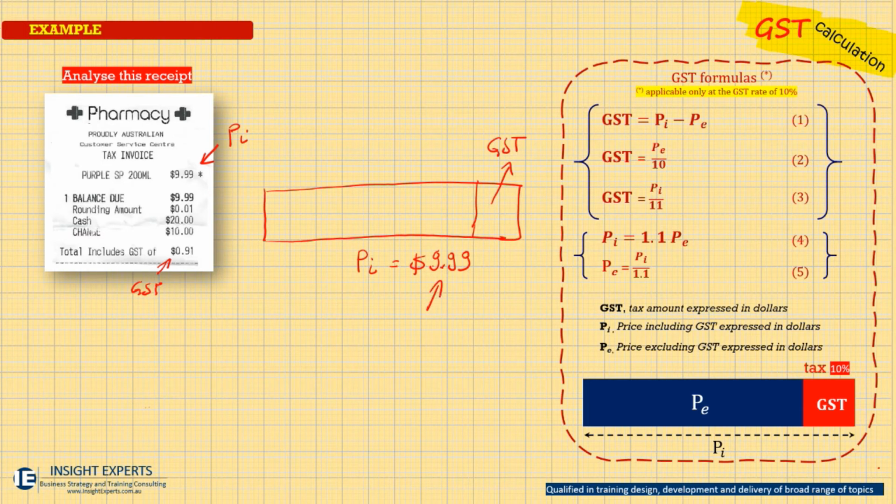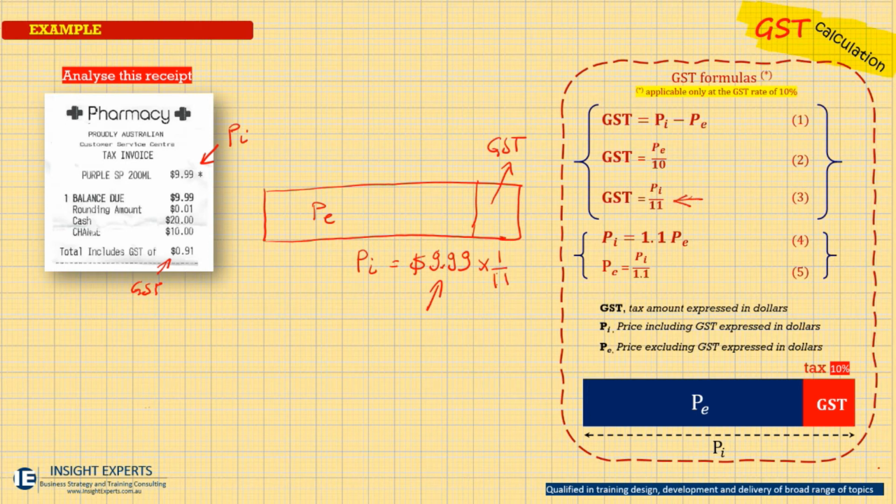So if this is PE, I don't know PE yet, but I know PI. The taxman requests the retailer to pay 1/11 of that amount. So we multiply it by 1/11, which is the same thing as equation number 3.